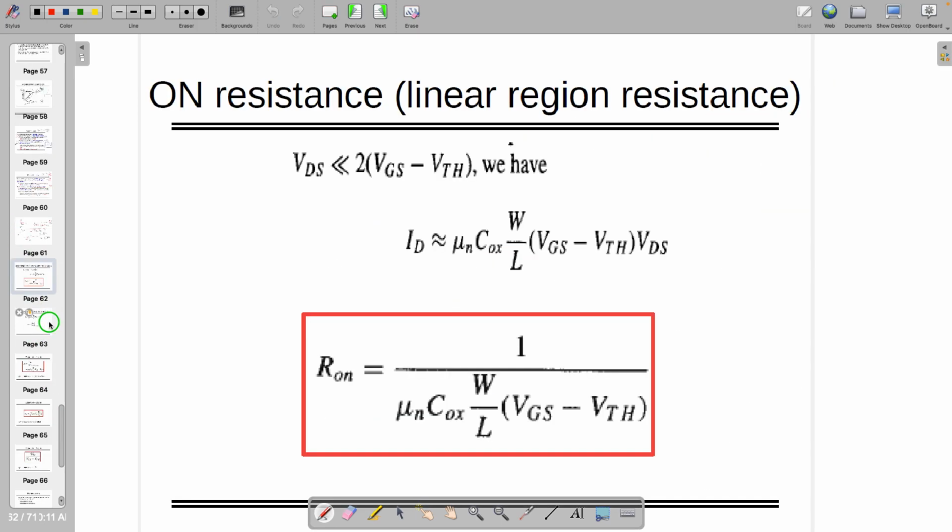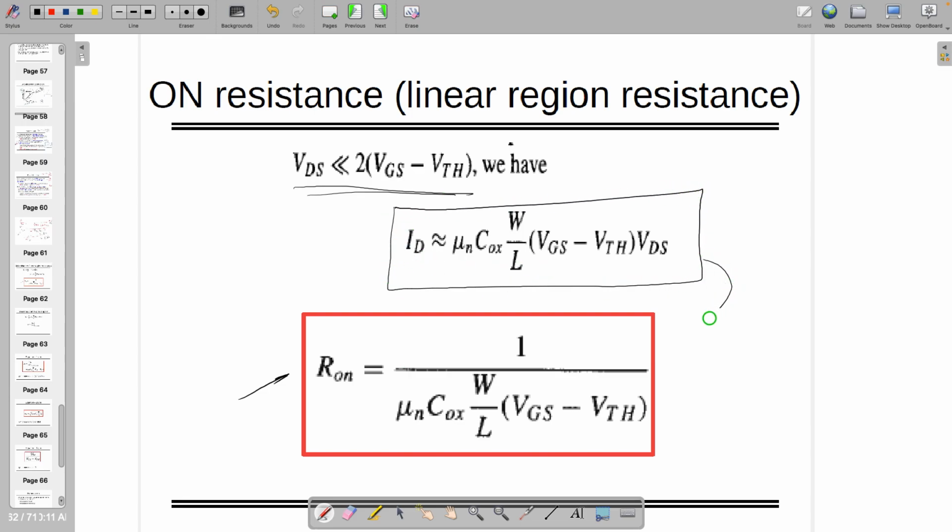Okay. So these are some of the derivations which we have. So R on will look like this: 1 by mu on C ox W by L, VGS minus VTH. That has to be the answer, right? When VDS is much lower than 2 times VGS minus VTH, that's the region. If you are following this, then you can approximate the current equation as follows.